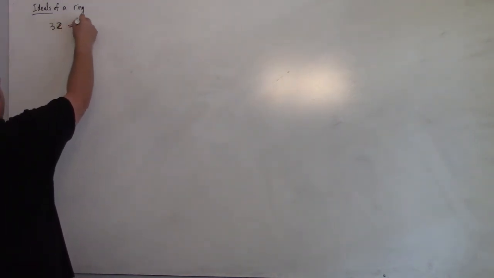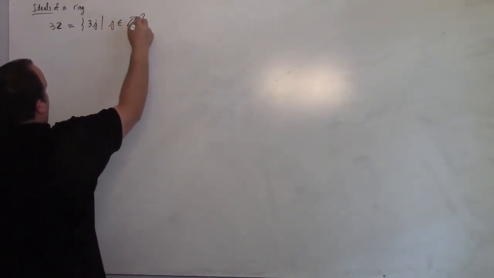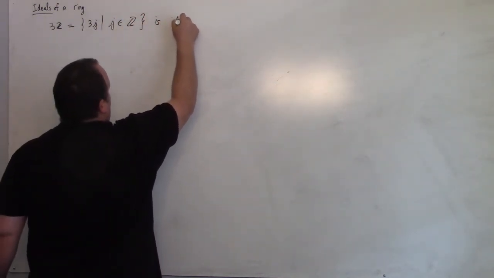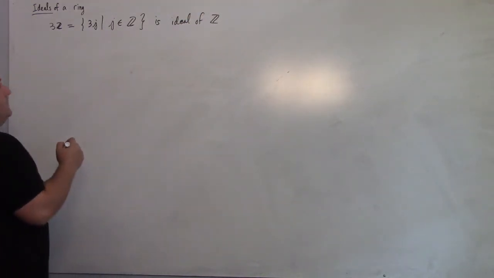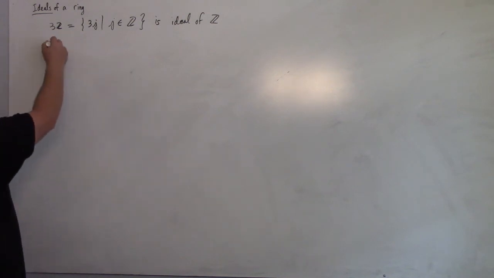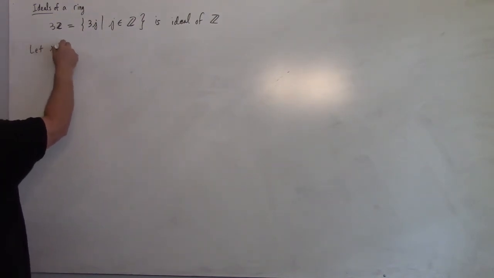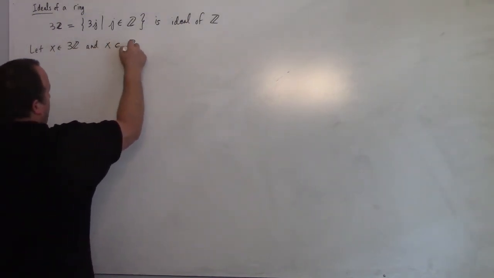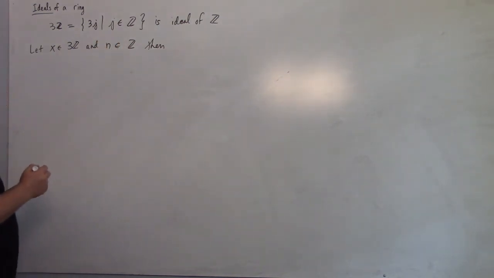Basically, let x be in 3Z, and let n be an element of the integers.